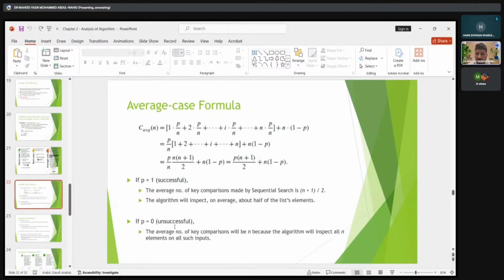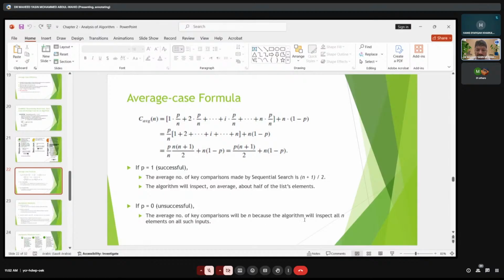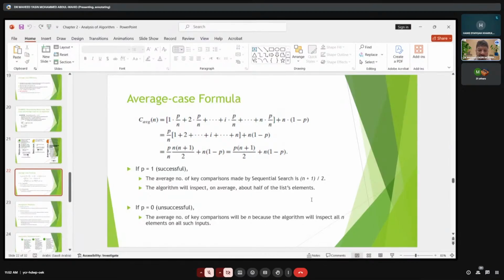If p equals 0, the number of key comparisons will be n because the algorithm will inspect all elements on such inputs.